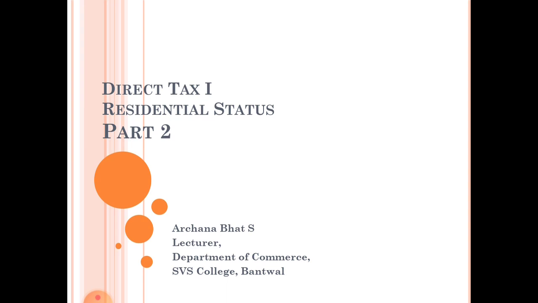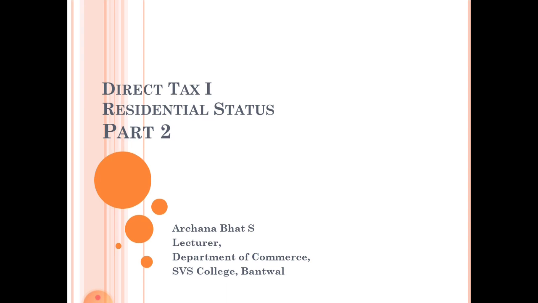The additional conditions are: he has been resident in India for at least 2 years out of the 10 previous years immediately preceding the relevant previous year, and second, he is in India for at least 730 days during the 7 years immediately preceding the relevant previous year. If he satisfies these two additional conditions, he will become ordinary resident of India.